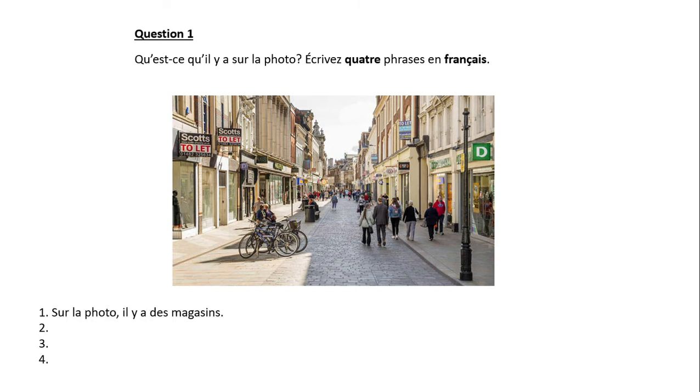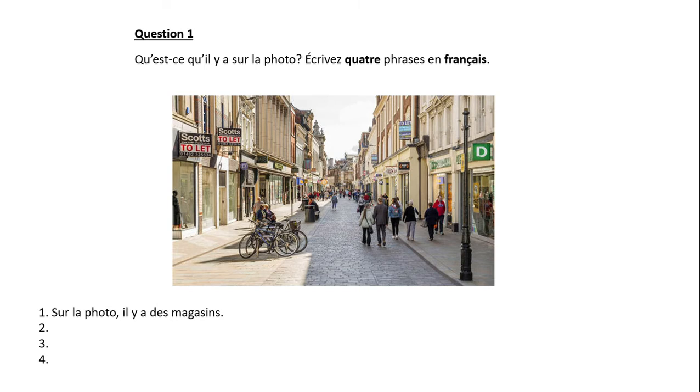And for each sentence, it will be good if you can start each sentence with "sur la photo il y a", and then you just need to add what you can see. So here it says "sur la photo il y a des magasins." In the picture there are shops. So you just need to go straight to the point.